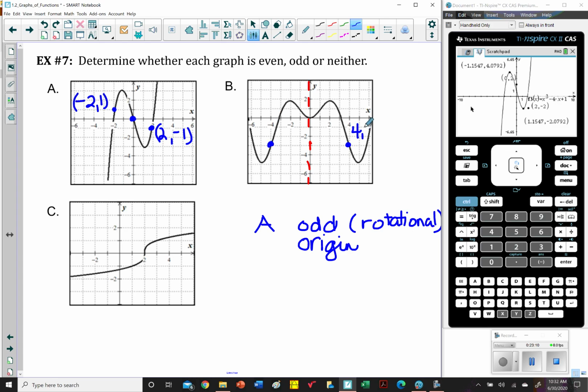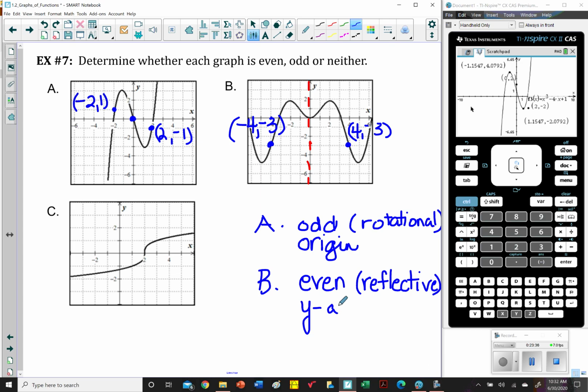So I changed the x to the opposite of x and ended up with the same y. So letter B, we have an even function. That's reflective symmetry. It reflected the graph over the y-axis. It's an even function. That's y-axis symmetry.